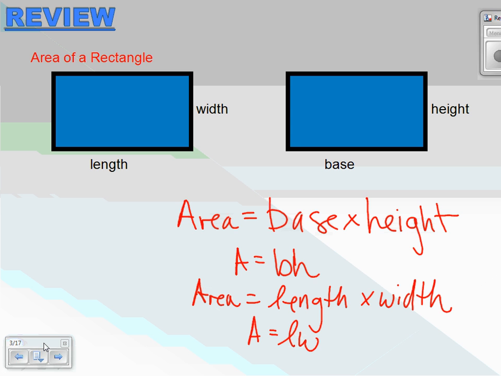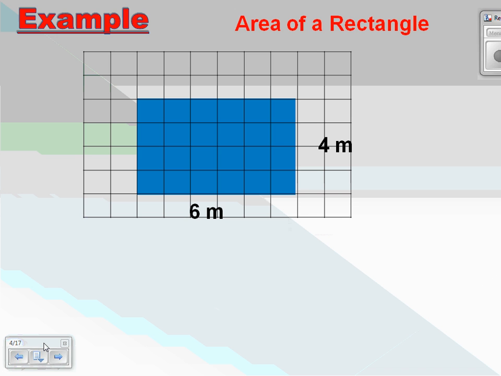I'm hoping you guys are copying these notes onto your paper notes. If you haven't done so already, please press pause now before we go further. All right, guys. I want you guys to look at this example for area of a rectangle. I want to figure out the area of this particular shape.